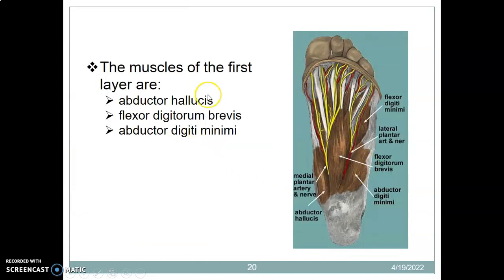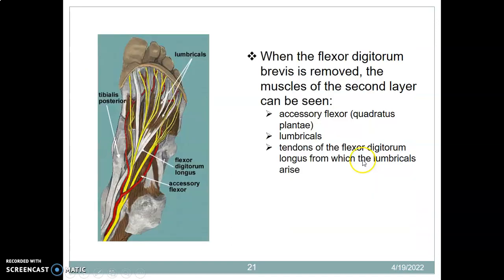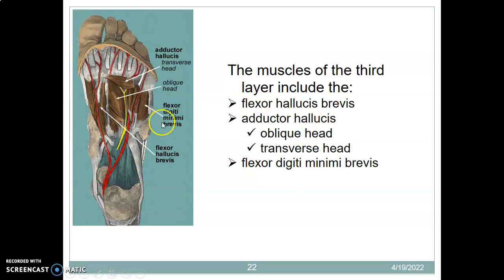So just a recap, the first layer, abductor hallucis, flexor digitorum brevis, and abductor digiti minimi. The second layer, you have your quadratus plantae or accessory flexor, the flexor digitorum longus tendon, and the lumbricals originating from it. The third layer has flexor hallucis brevis, adductor hallucis which has oblique and transverse fibers, and flexor digiti minimi brevis.